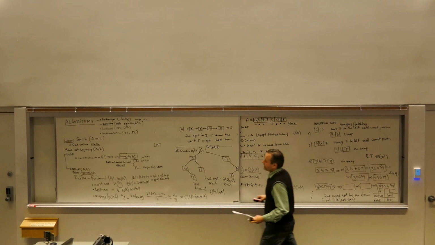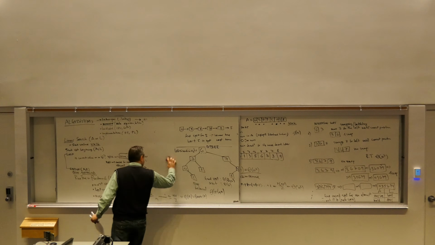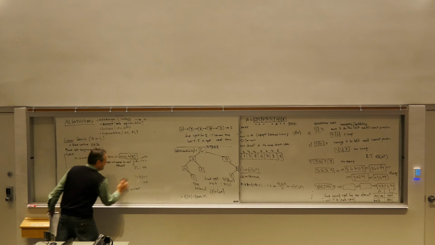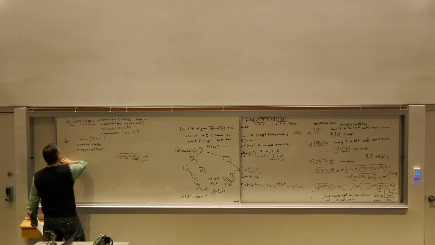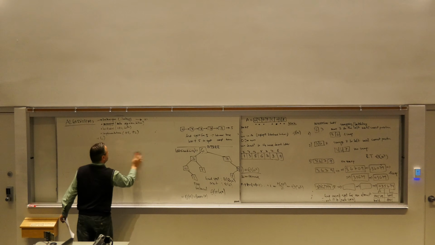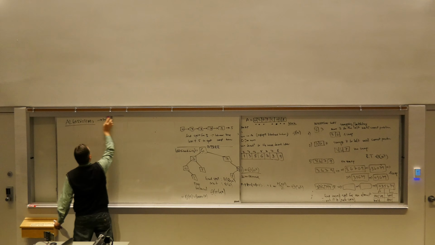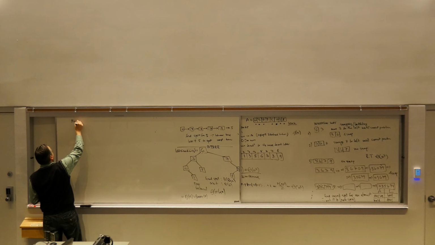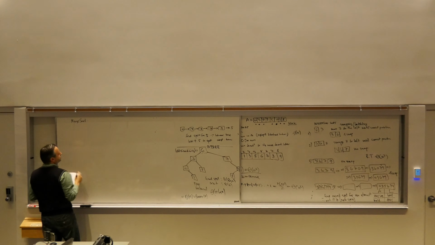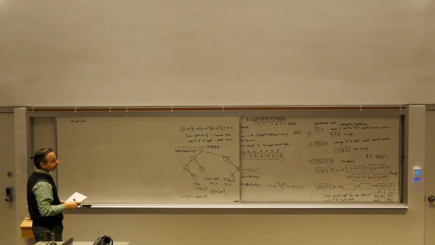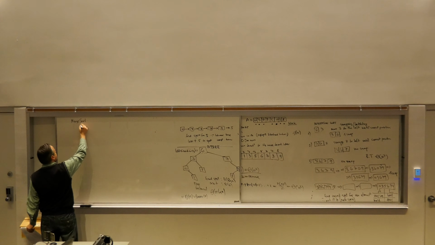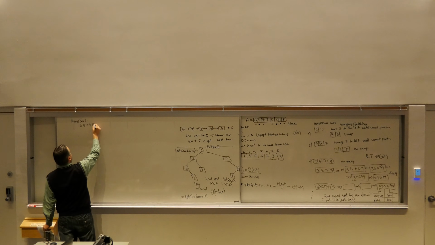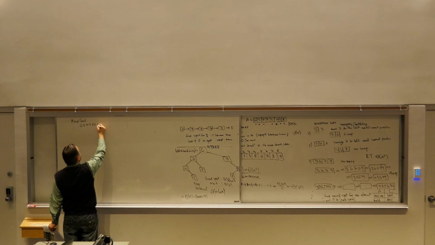Another algorithm that everybody knows already is called merge sort. Merge sort says, I'm going to take my array right there, 6, 3, 7, 9, 5, 0, 1, 8.